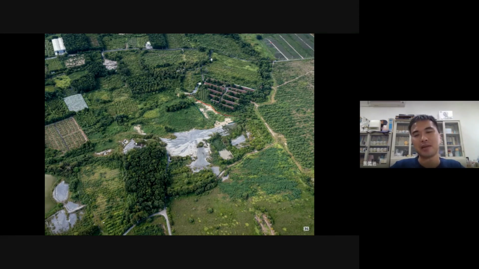And if the fault is a creeping fault, that means the fault moved without earthquakes. So seismologists could not tell us anything about the creeping fault in this region based on the seismic data.